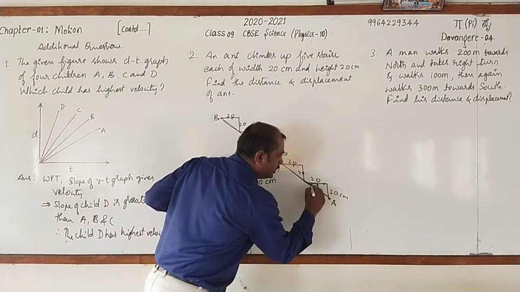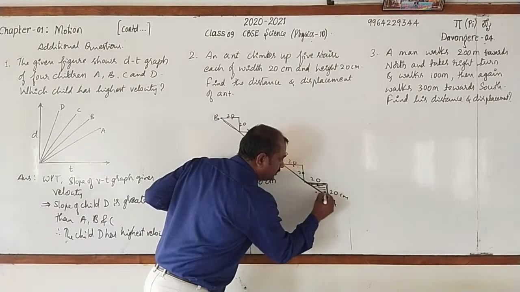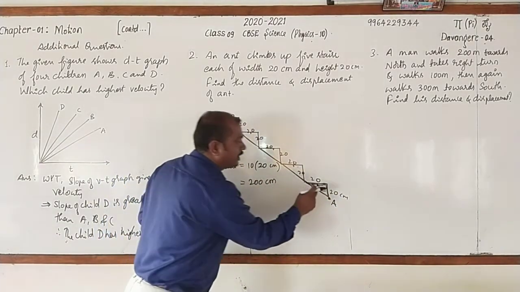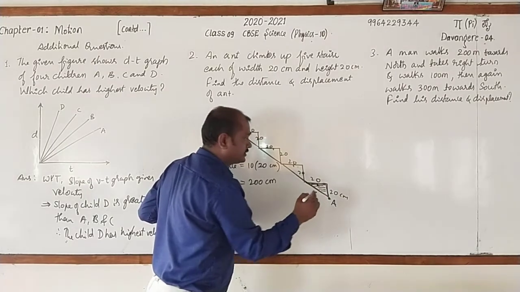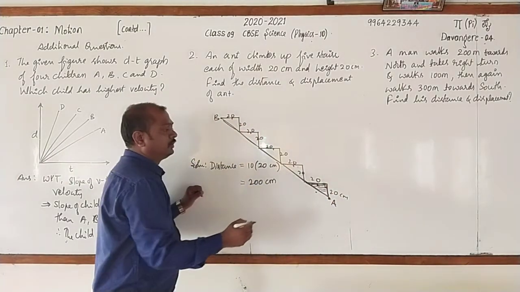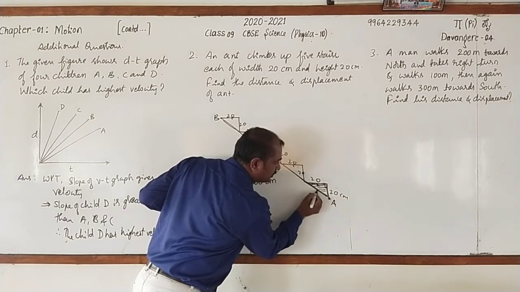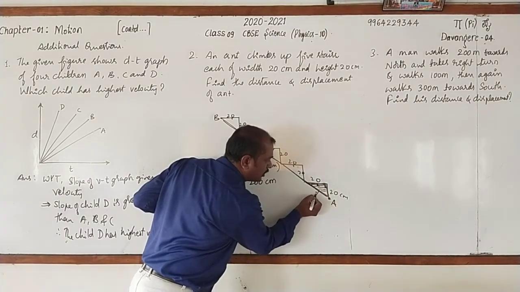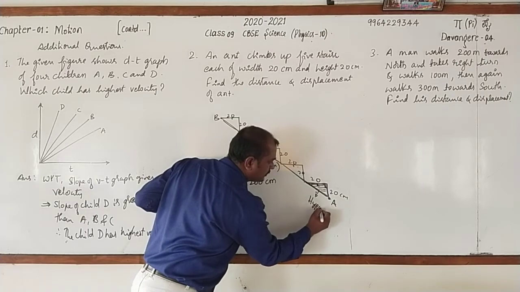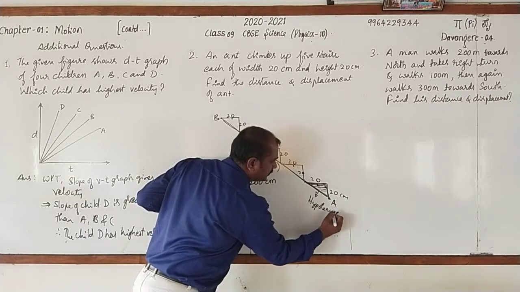Here, each step is like a right triangle. What type of triangle is it? It is a right triangle. In this triangle, the side opposite to the right angle is called the hypotenuse.